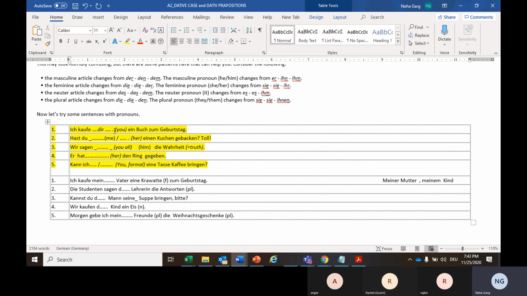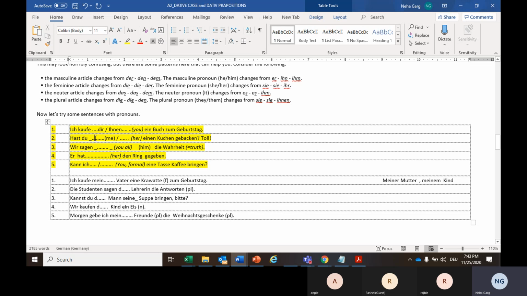Or if you're writing it in a formal way, then what should be the correct option? Ihnen, with capital I or small I? Capital. Ich kaufe dir oder Ihnen ein Buch zum Geburtstag. So I am buying a book for you on birthday. Zum Geburtstag, as in on birthday.